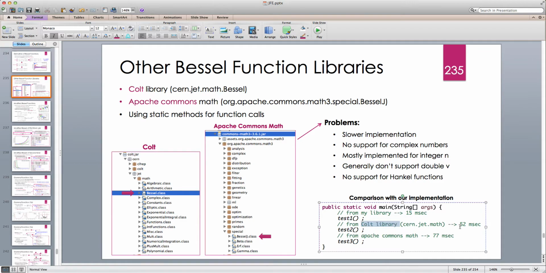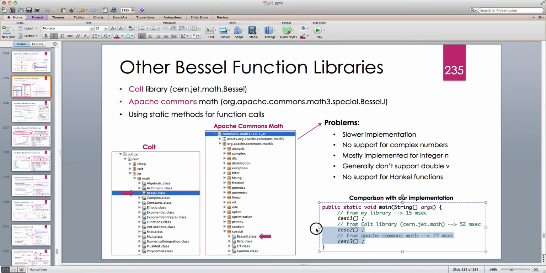The Colt library took about 52 milliseconds, so a factor of 3 or 4 slower. And the Apache Commons one took 77 milliseconds, which is a factor of 5 slower. So my implementation seems to be the fastest.